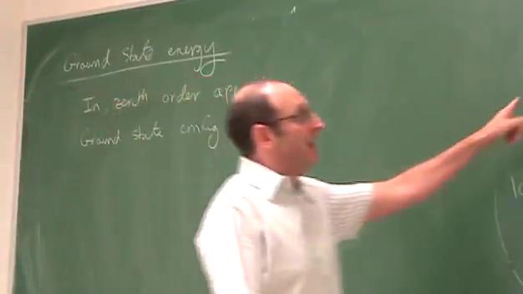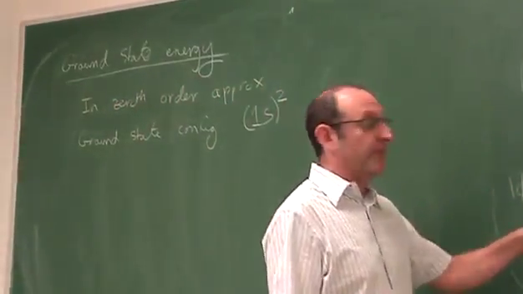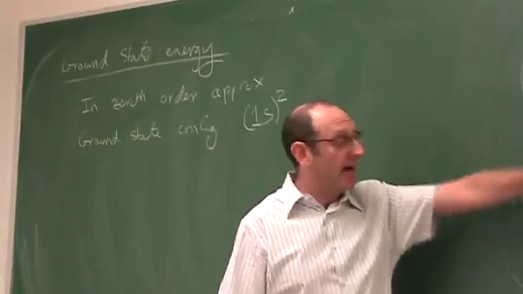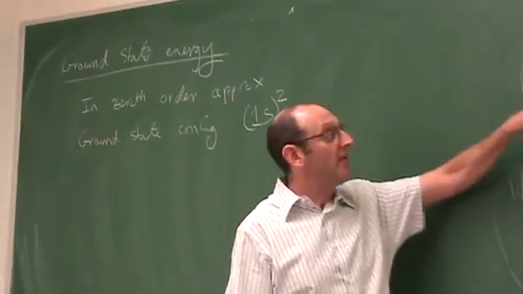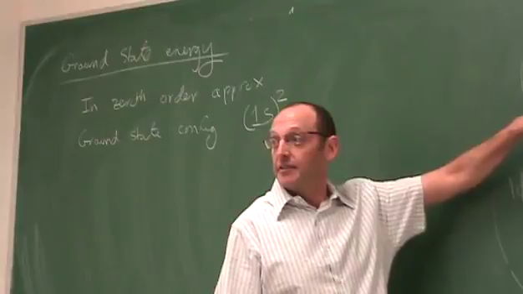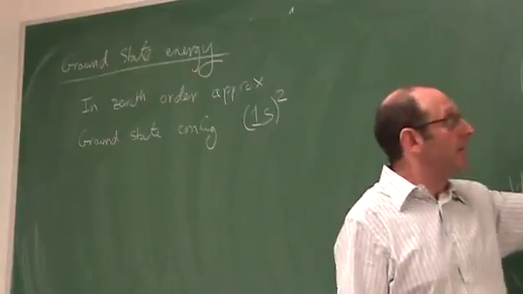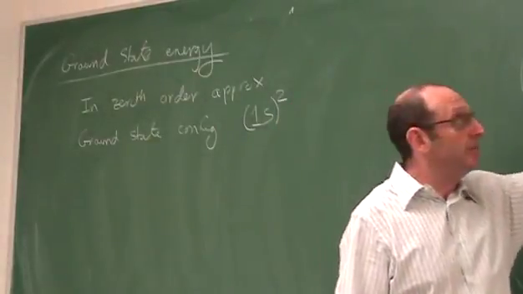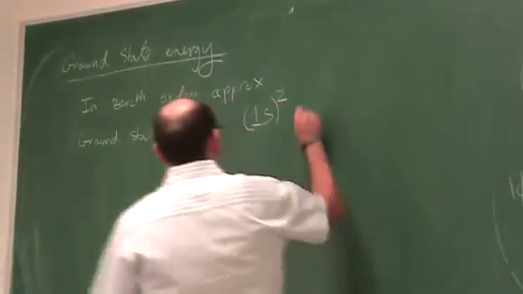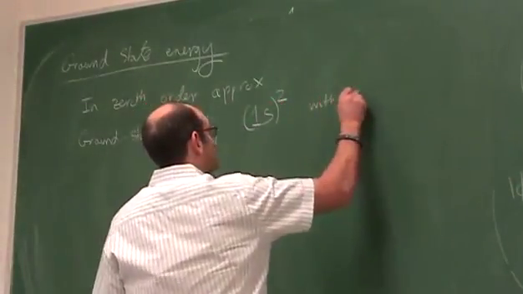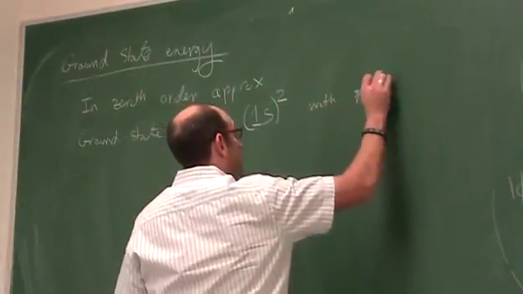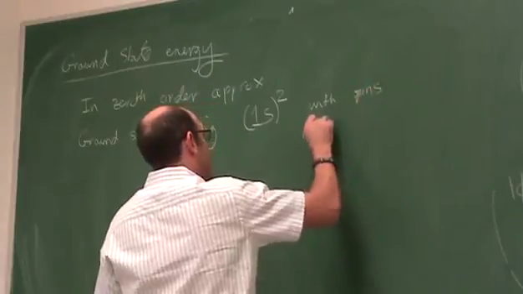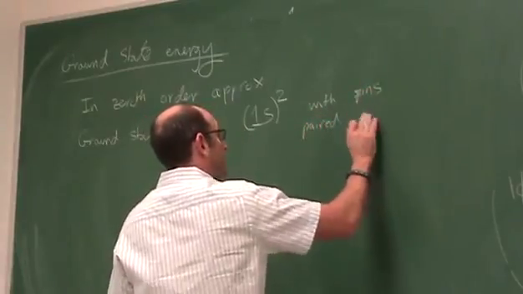That's to say, if phi A equals phi B, this is not allowed. The only thing that's allowed is the symmetric case, when phi A equals phi B, which means that we have to have the spin singlet. Spins paired as singlet.